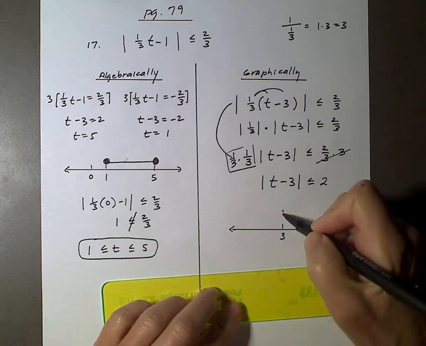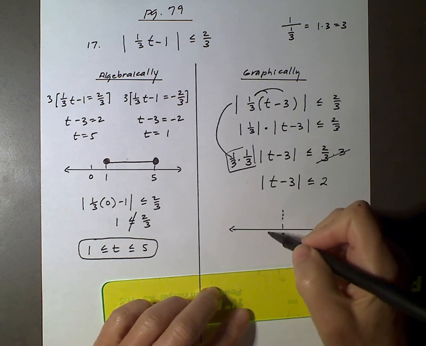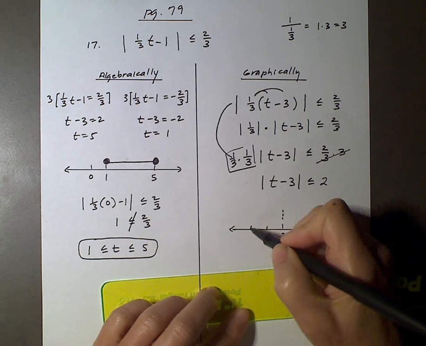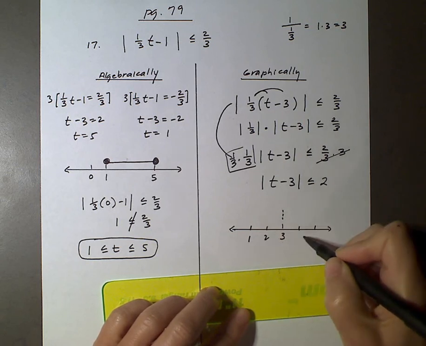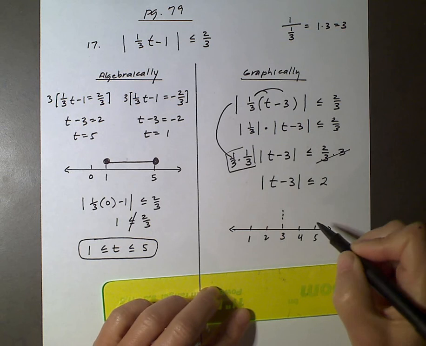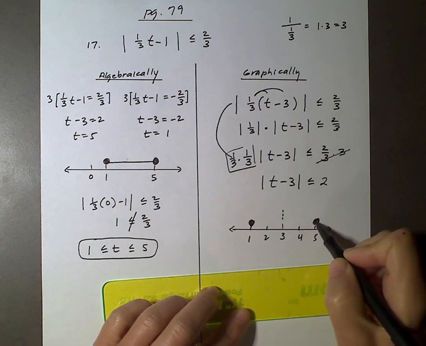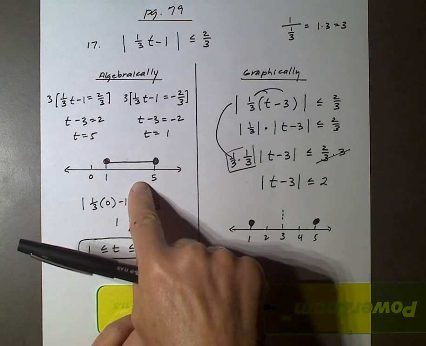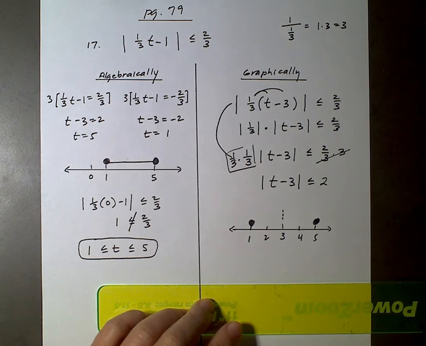And I'm looking for numbers less than or equal to 2 away from that. So I'll find the numbers exactly 2 away from that. This is a 1. And this is a 5. And those are the critical points, just like we got using the algebraic method, which this one might be easier for this problem. It's up to you.